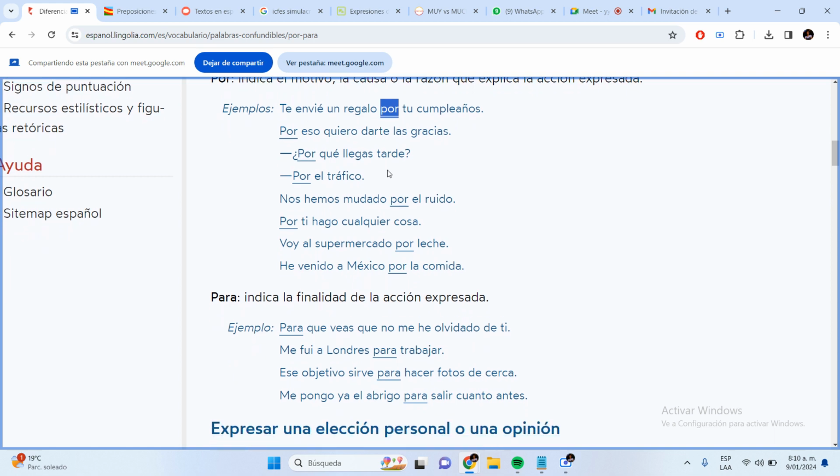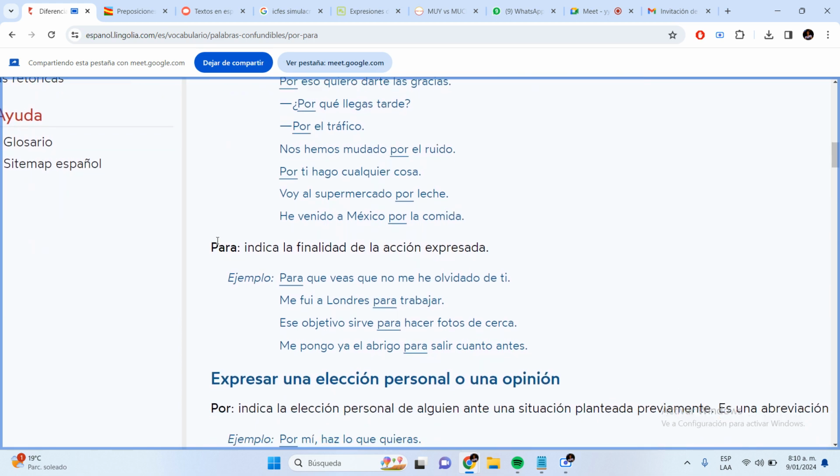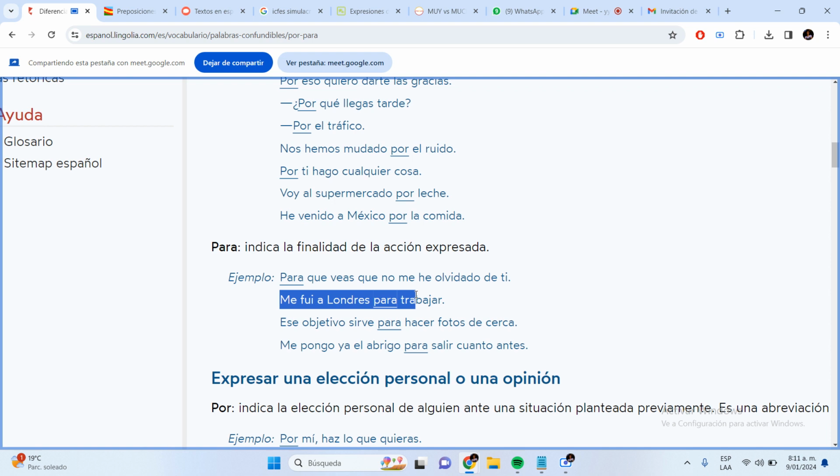And on the other hand, we have para, that we're going to use to express the purpose, finalidad. Para indica la finalidad de la acción expresada. For example, we have me fui a Londres para trabajar.